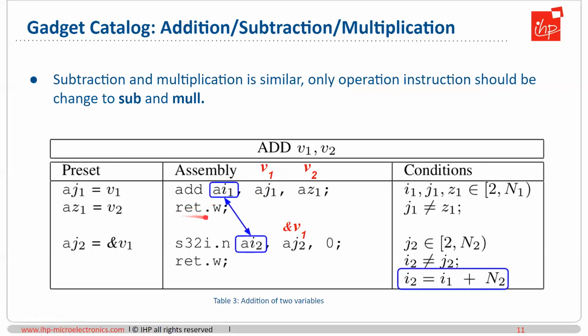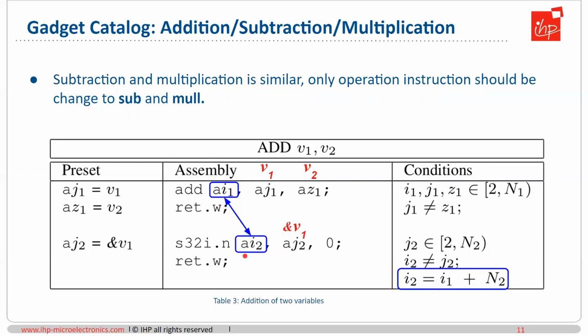Then the retw instruction is invoked and our window rotates, and this register can be accessed from the next operation, but using another index. The index again can be calculated by using this formula, and if this restriction is kept, then it's possible to access. Basically, it's just like passing values using the overlap registers.